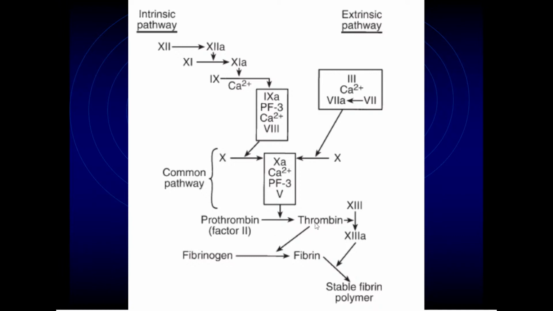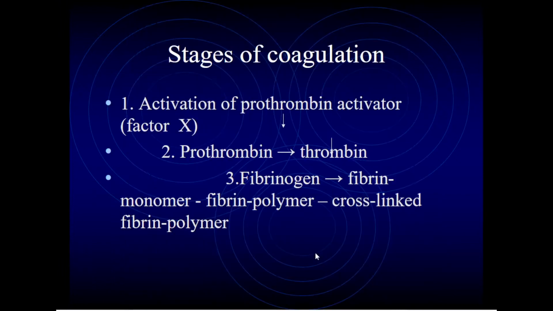Thrombin catalyzes first the conversion of fibrinogen, factor 1, to fibrin monomers, and then their polymerization into cross-linked fibrin strands, fibrin polymer.